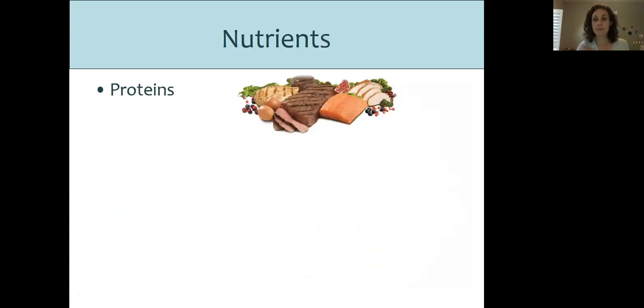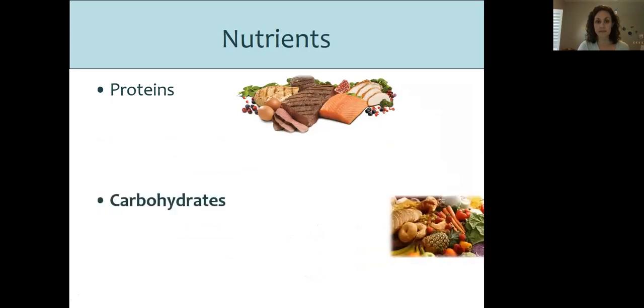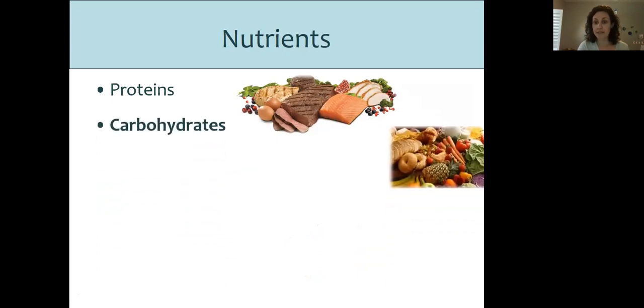So getting into some basics on nutrients. Our food is made up of different nutrients, and we're going to talk about some of those basic ones. So proteins, we've got carbohydrates. So proteins are your meats and sometimes eggs, different fishes, and those types of things.